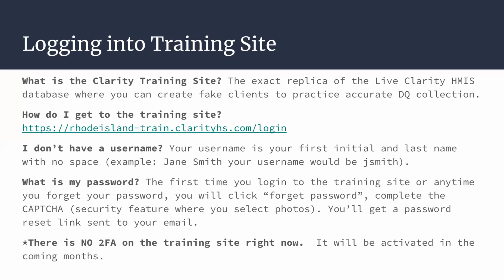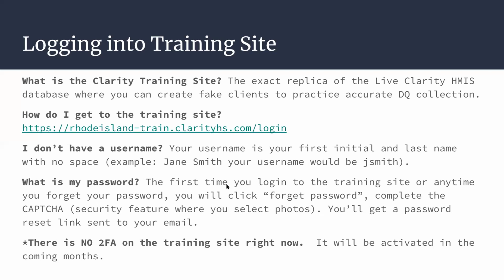Well, there isn't. There is one for them, but it's not under their email. It's just under J Smith, their first initial and last name. So that's also something to look out for when getting your users on either site, the training site or the live site.